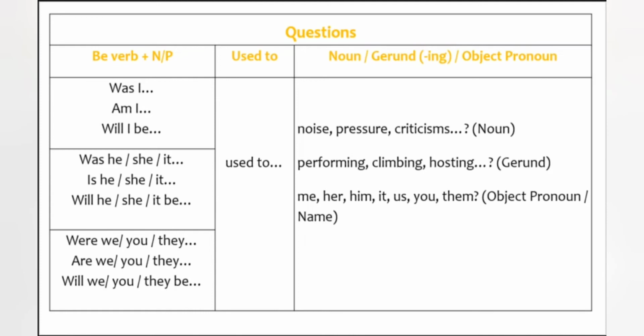When you see those be verbs, to make questions, they change position. They will interchange places. And then followed by the expression used to. And again at the end, you may use nouns, gerunds, object pronouns, names. So same pa rin, no? It's easy.